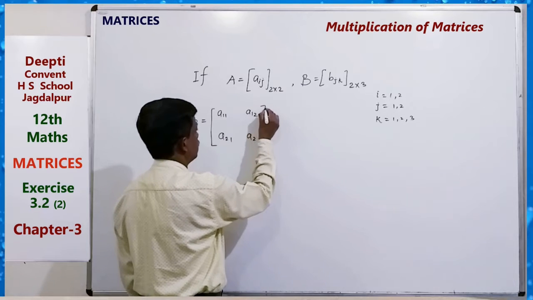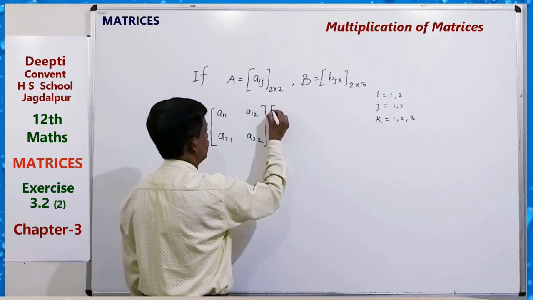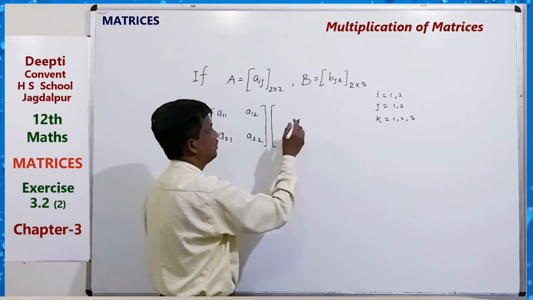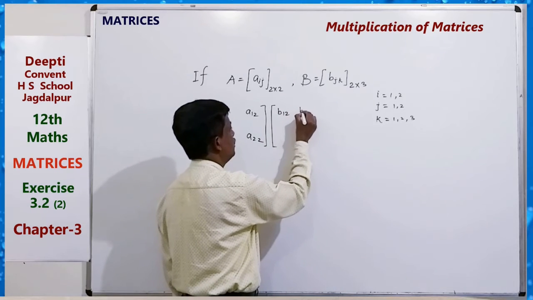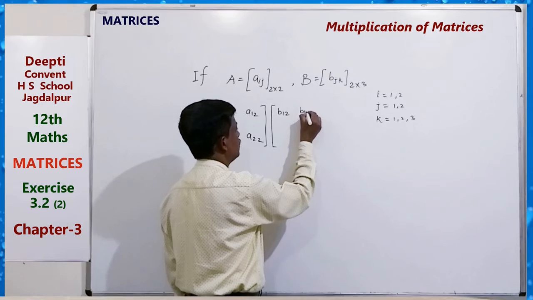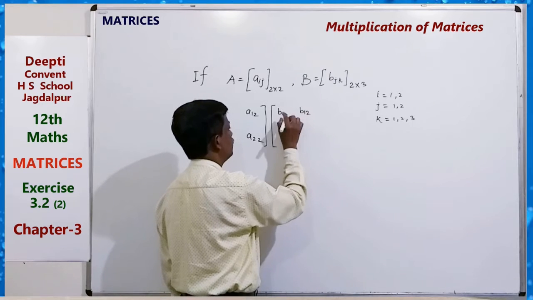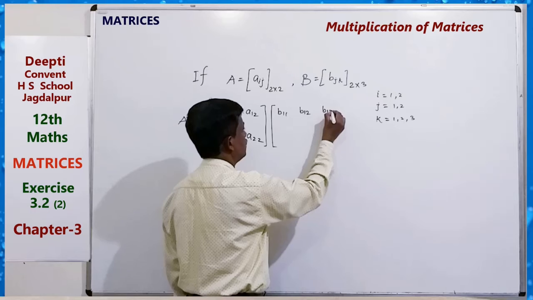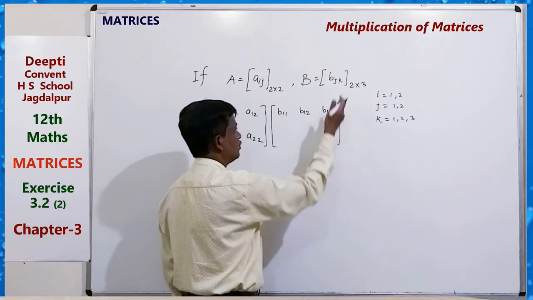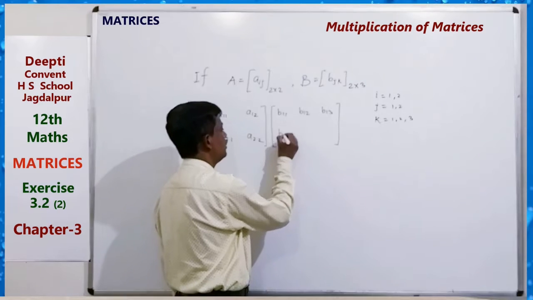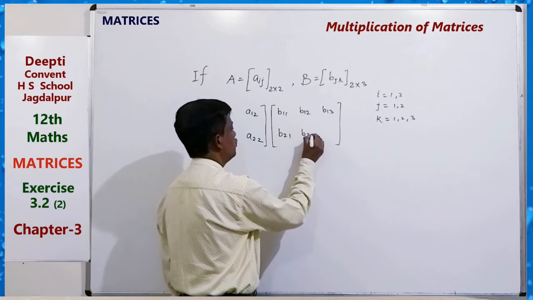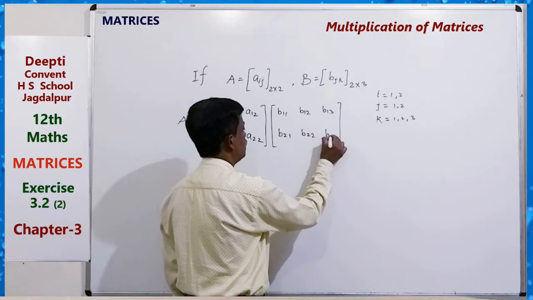Now B11, B12, B13, because here the number of columns is 3, and B21, B22, B23.